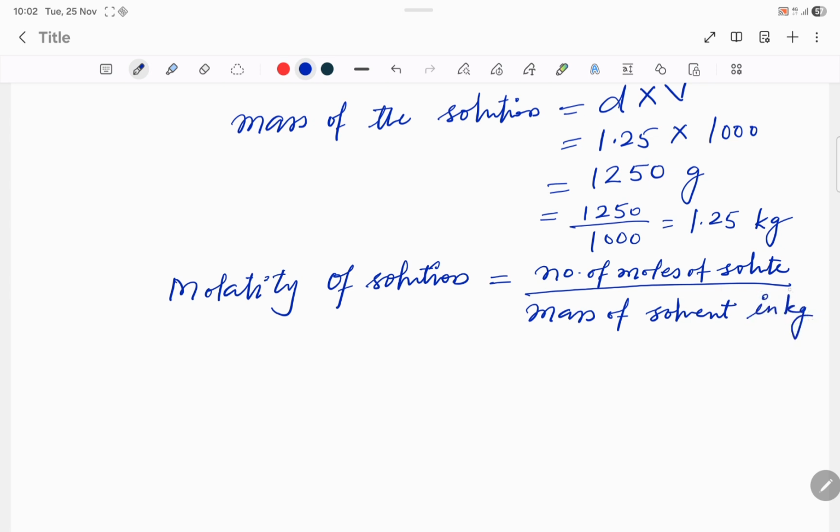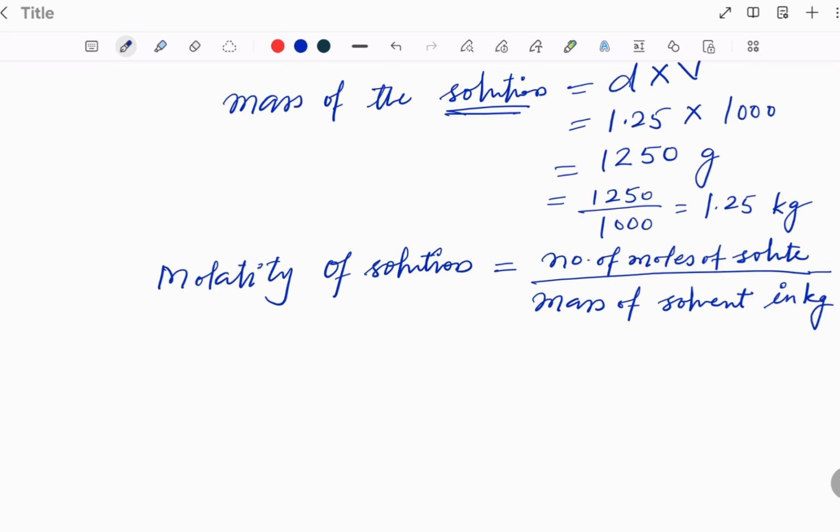This is very important. If it is not given in kilograms, then convert it into kilograms. So as you know, we have been given the mass of solution. So now we have to find out the mass of solvent. So first of all, before that, we can calculate the mass of solute.